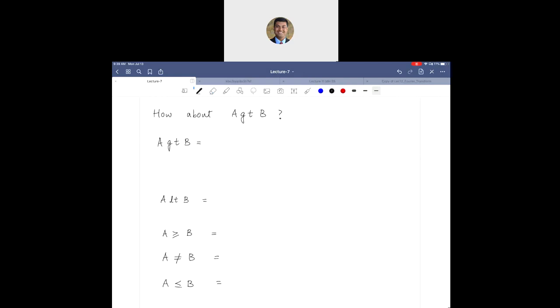So A is greater than B when A3 is 1 and B3 is 0. Or what if they are the same? What if your numbers are 1, 0, 1?